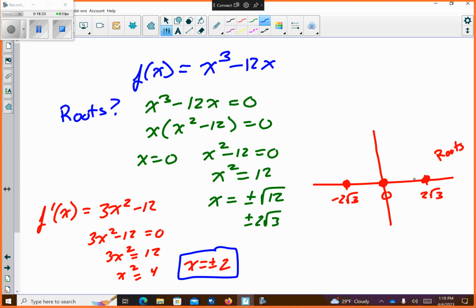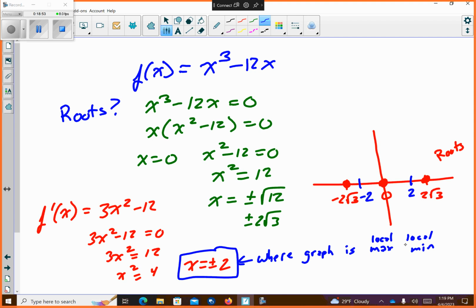So at 2 and at negative 2, this is where the graph is a max or a min, local max or min. Okay, it changed from being positive to negative.